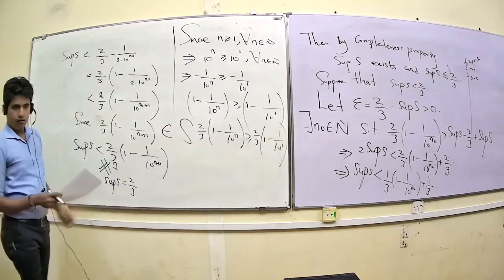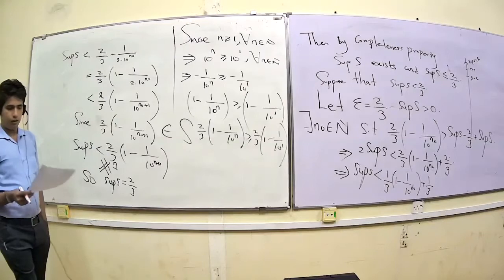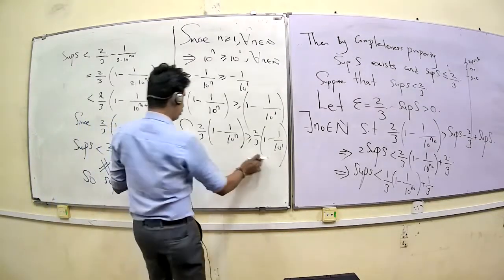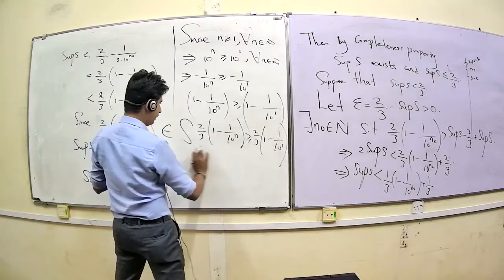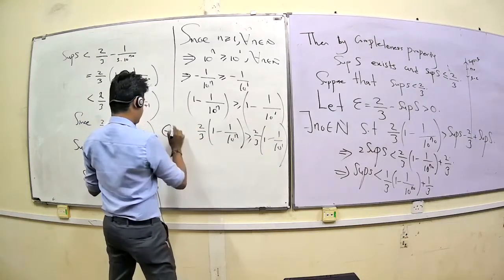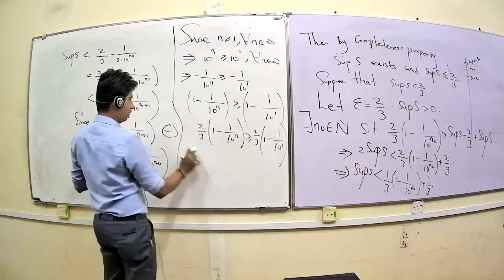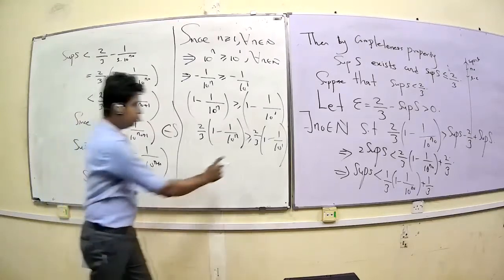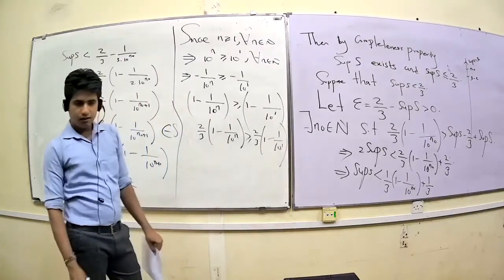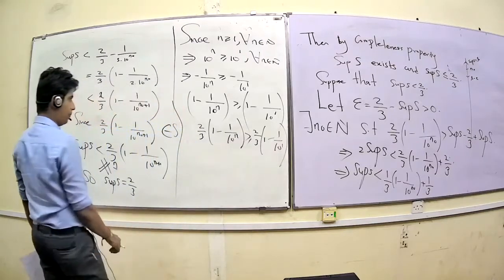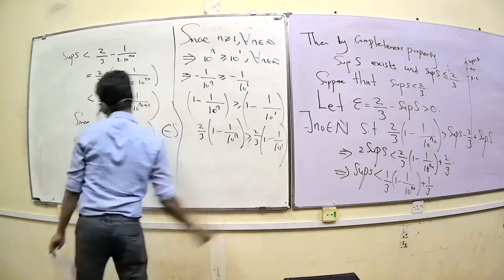As I did some manipulation, now you know that it is one of the values in this set S. This is one of the set values. Therefore, it is your greatest lower bound.